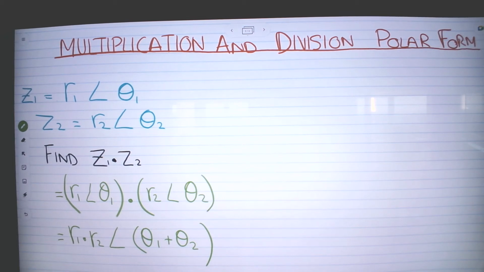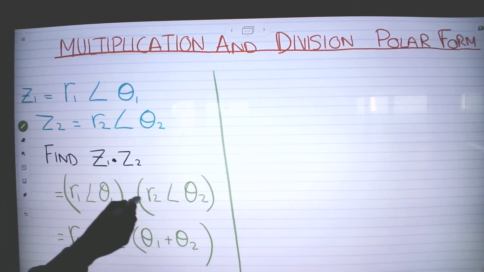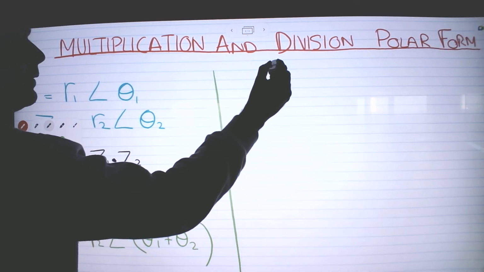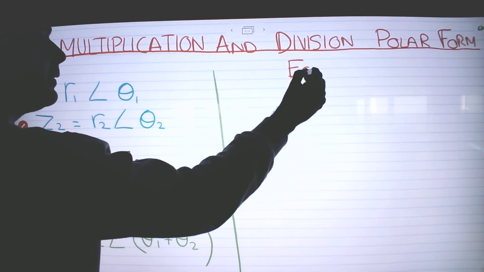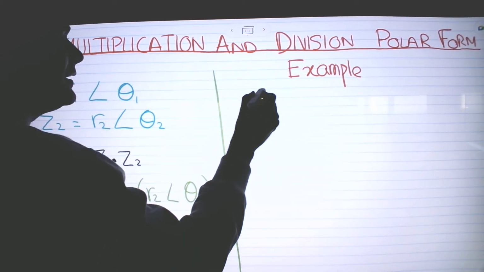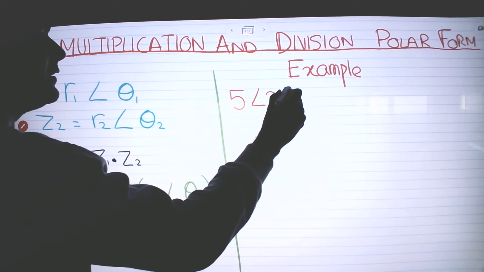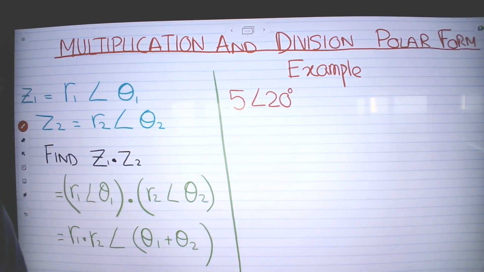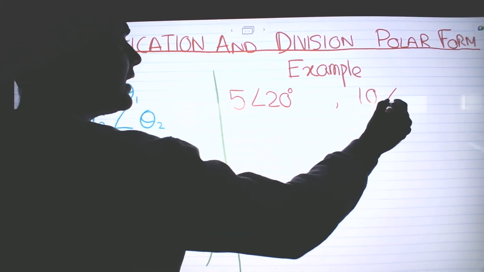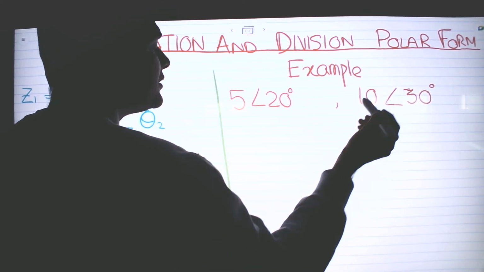Example. Let's have a look at an example. Let's say you have 5 angle 20 degrees, and another complex number, 10 angle 30 degrees.